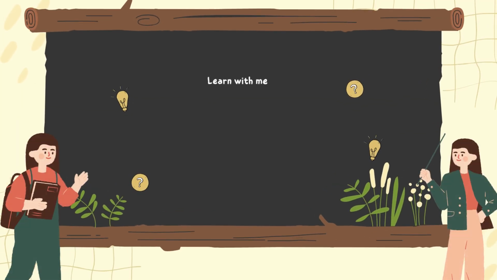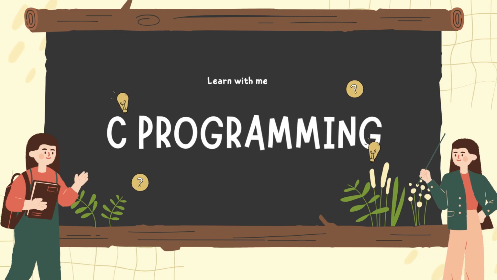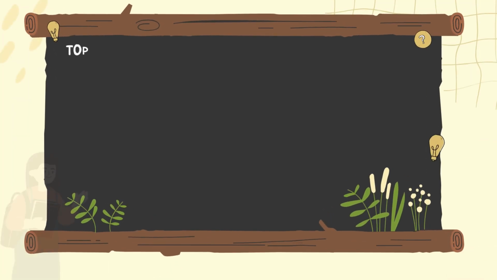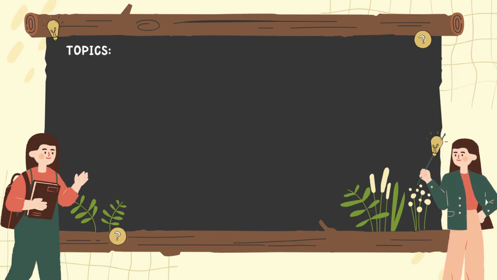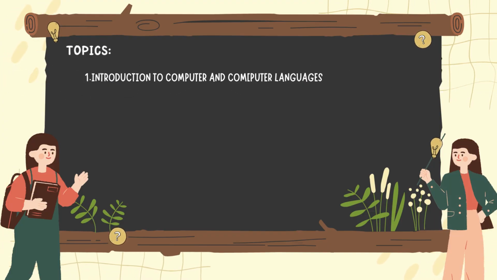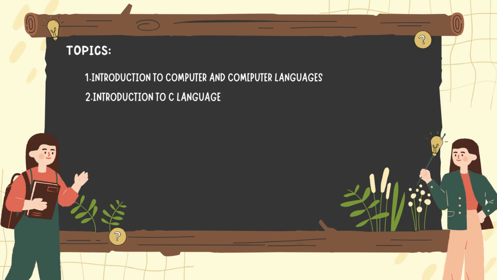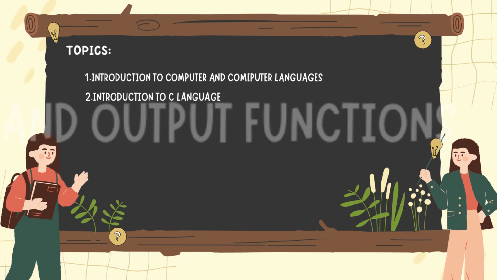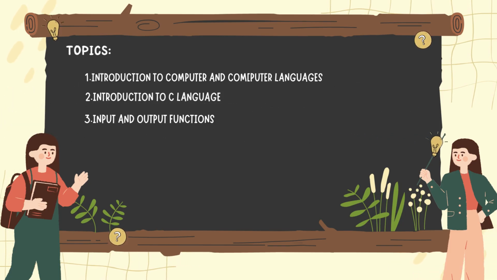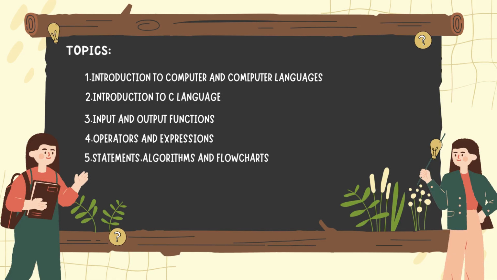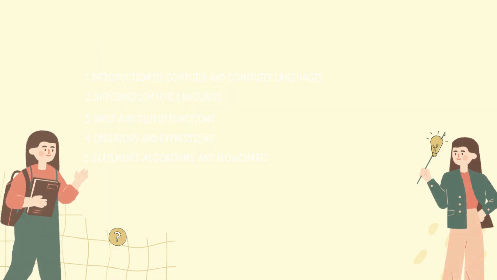Now let's start our lesson. C programming. The topics which we are going to study are: 1. Introduction to computer and computer languages, 2. Introduction to C language, 3. Input and output functions, 4. Operators and expressions, 5. Statements, algorithms and flowcharts, 6.